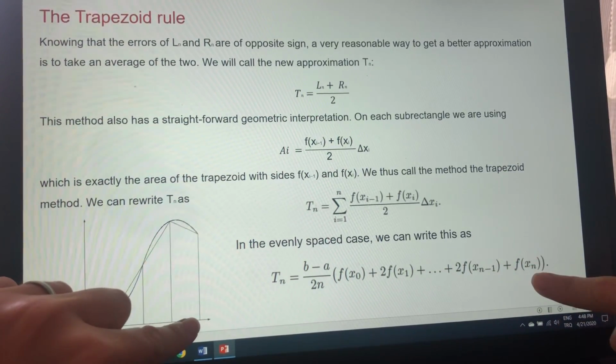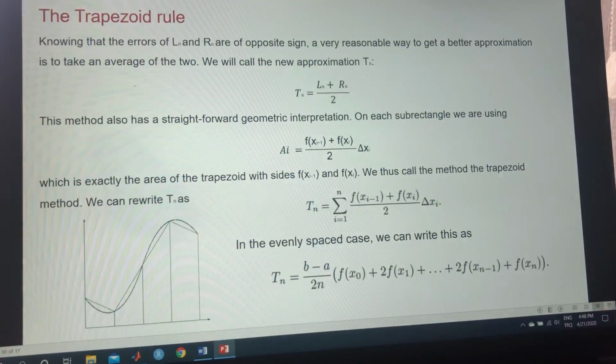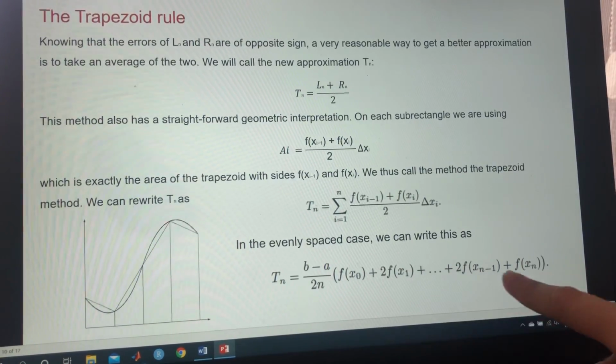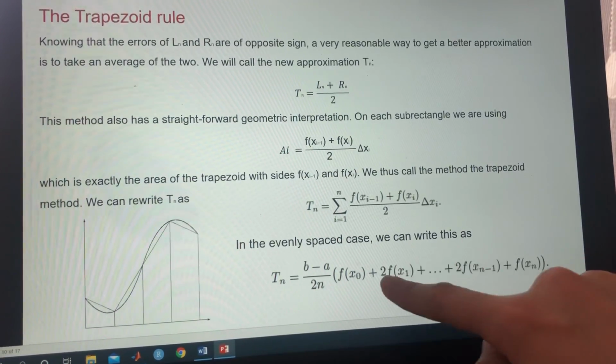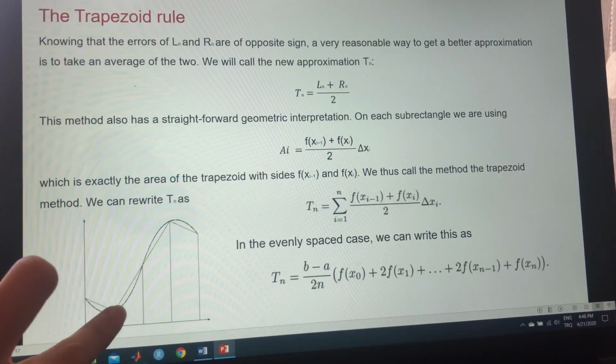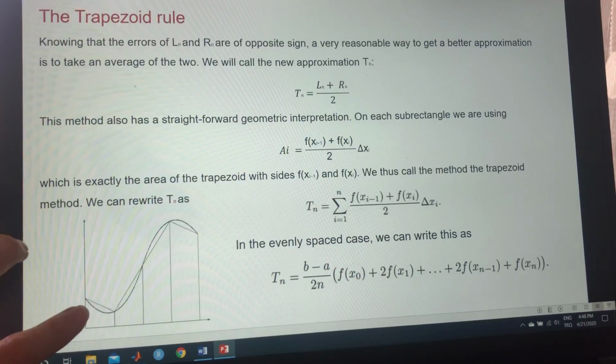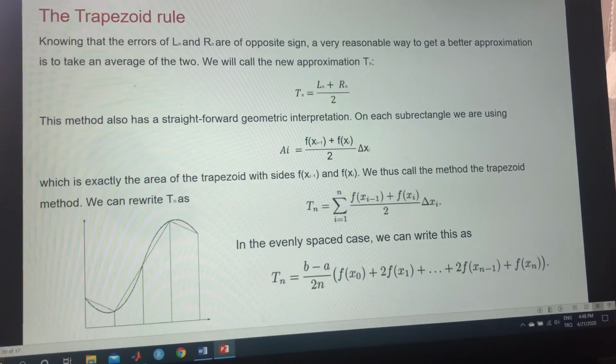The last one is also coming only once. So this is the general form of the trapezoid rule, and you can easily use that rule. I just wanted you to understand how these 2s are coming, because these bases are used for each 2 trapezoids. That's why they are coming twice, and the first and the last one are coming once.